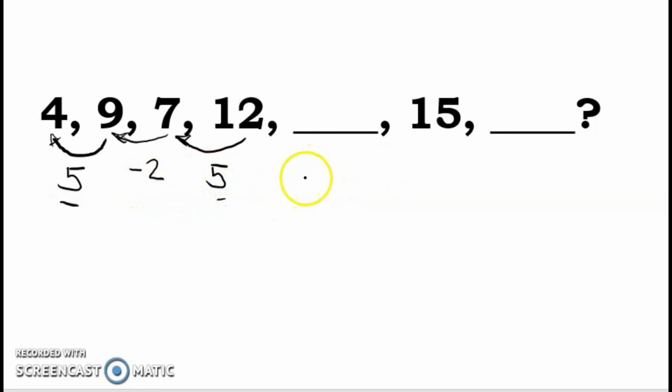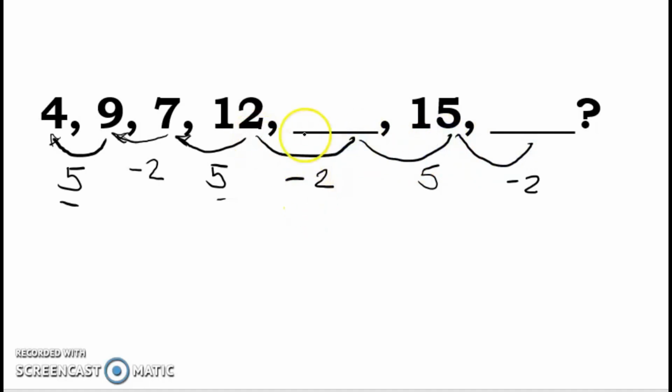So probably ito ay what? So negative 2 dito. And then dito ay 5 and then again negative 2. So, yan yung pattern natin. 5, negative 2, 5, negative 2, 5, negative 2. Okay.